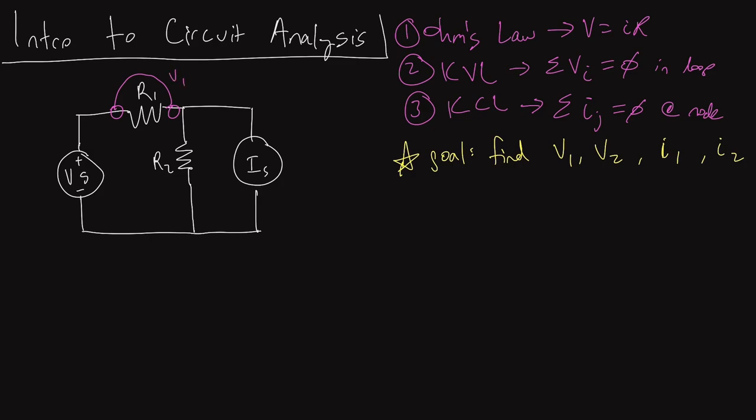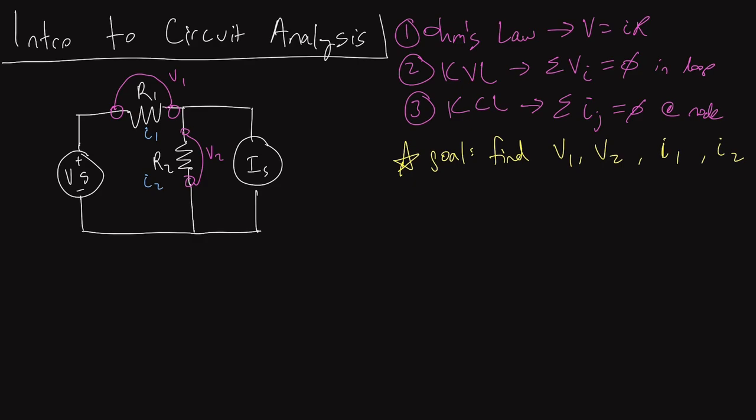And then if we did the same thing across the second resistor, this is going to be V2. In addition to that, what I don't know that I'm looking for is I1 and I2. I'm going to use light blue right here. I1 will be the current that's flowing through resistor 1, and I2 will be the current that flows through resistor 2 in this diagram.